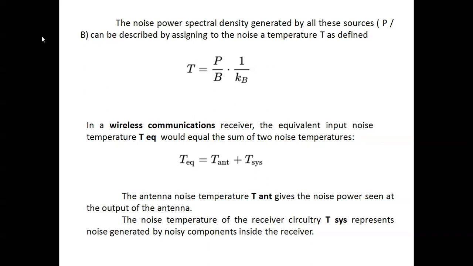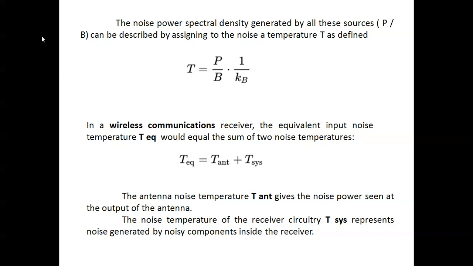You just split the receiver into two parts: one is the antenna, and the other is the system or components. What is the use of the antenna? The antenna receives the signal from the transmitter and sends it to the receiver. So the antenna is the first primary component of the receiver.